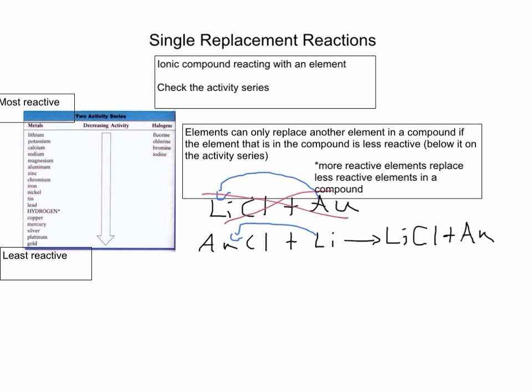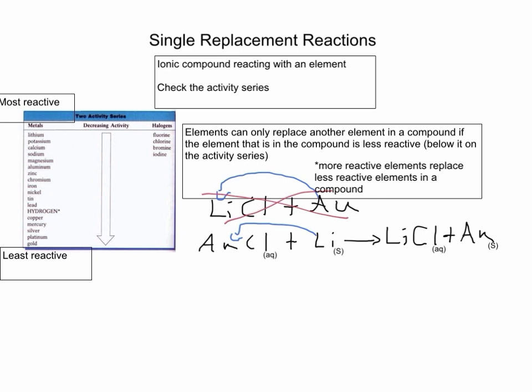And we should always actually have states. So gold(I) chloride would be aqueous, lithium would be solid, lithium chloride would be aqueous, and gold would be solid.